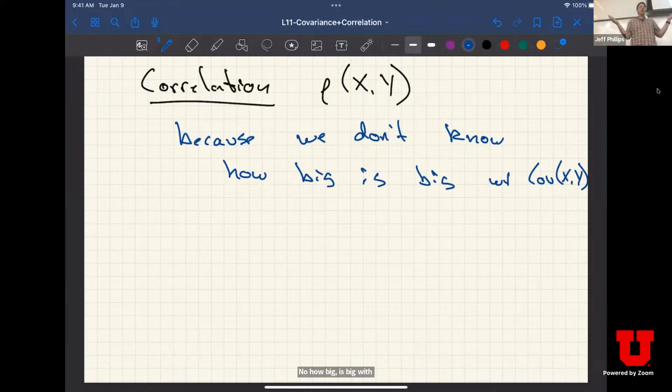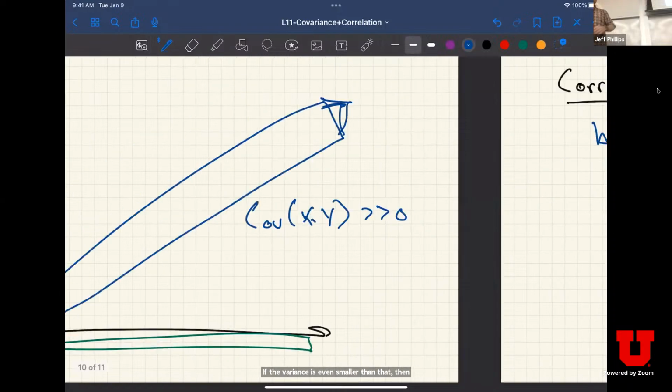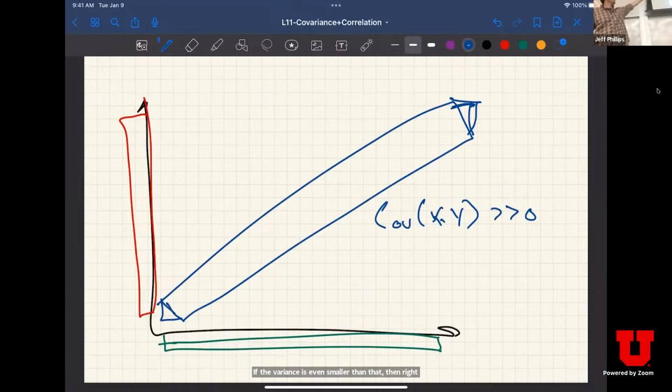Is 0.0001 big or not? I actually don't know. It could be a really big covariance if it's 0.001. It depends on the scale of how much variance there is, right? If the variance is even smaller than that, then, right? Like I drew these pictures, but I didn't put any values down, right? Like how big is the covariance here? Well, it depends what the scale of the x-axis is, right? If the whole scale of the x-axis is like 10⁻²⁰, well, then this is a very small covariance. But these are very correlated in that blue strip.